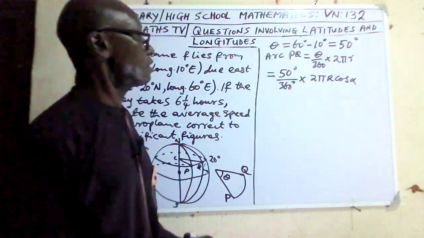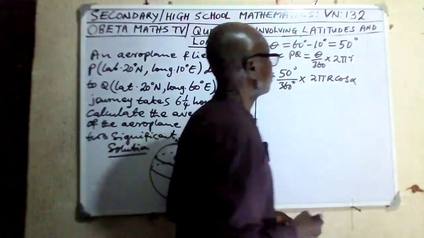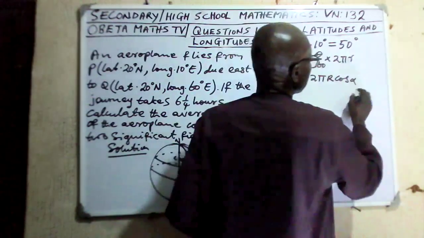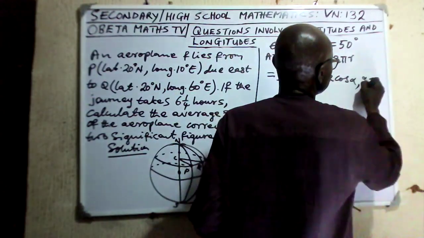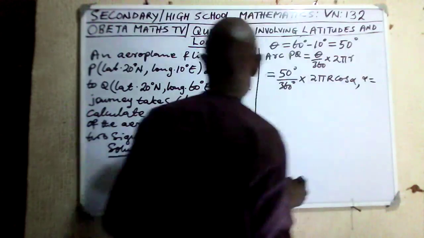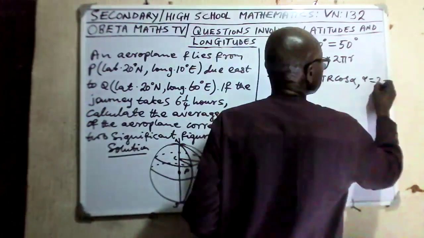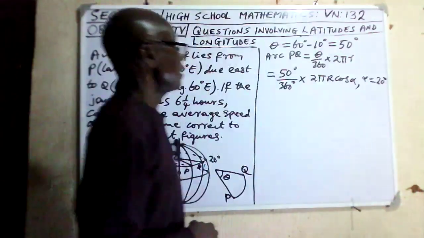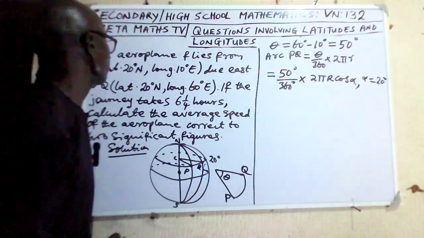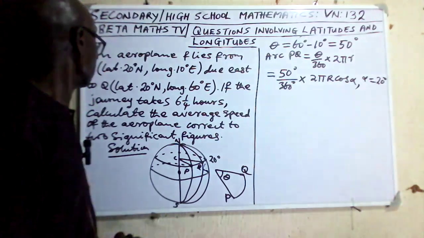And remember that I said that alpha is always the latitude. So alpha will be equal to 20 degrees. Alpha is 20 degrees. So we move on.